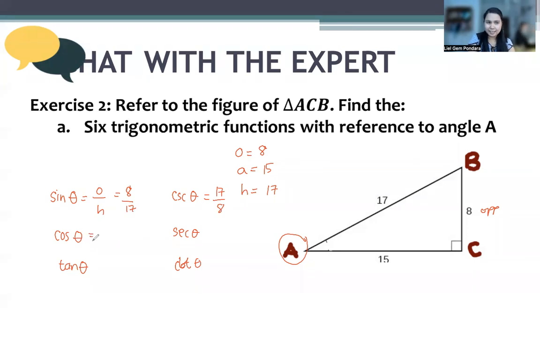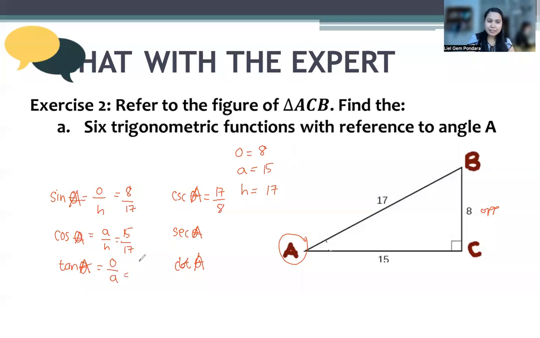Next, cosine. What's the value of our cosine? Not theta, cosine A. Very good. That's A over H, so 15 over 17. Next, how about tangent A? So, toa.